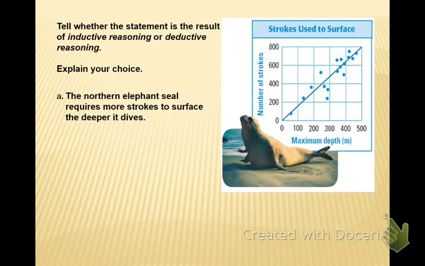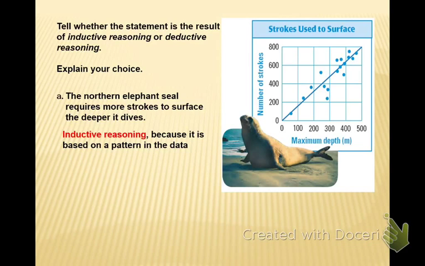So this is inductive reasoning. You're observing the pattern of the dots. It's going up. It's increasing. So this would be an example of inductive reasoning, because you make a conclusion based upon the data in the graph. Observing the data.